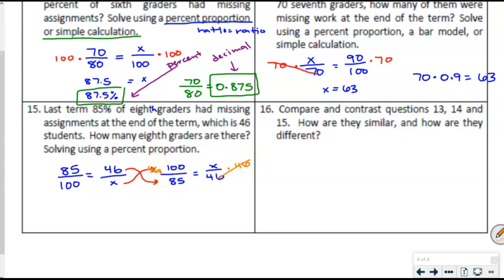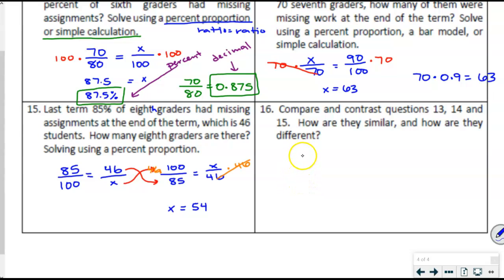And that leaves me with 46 times the fraction 100 divided by 85, and I get x is equal to, we're going to round to the nearest whole person here, 54. 54 total 8th graders.